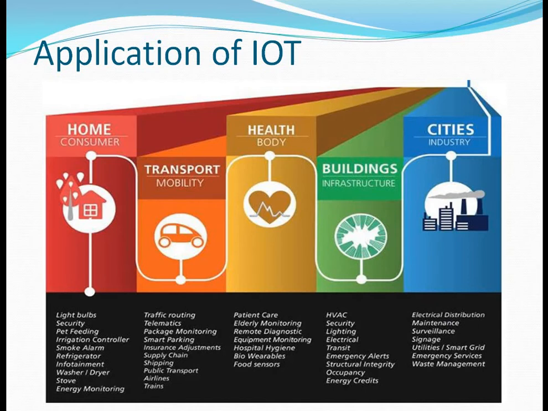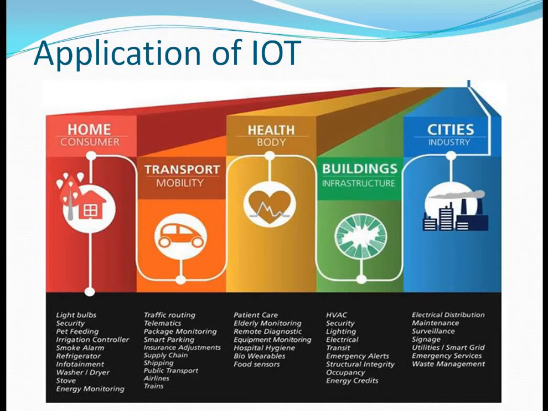Okay, so what are the different applications we can build using IoT? We can do so many applications. Without IoT we are not doing anything. The basic thing is your smartphone. Without a smartphone, no one is living in the world. So the basic applications are home applications, transport applications, health applications, building applications, cities, etc. Without IoT there are no applications running right now.